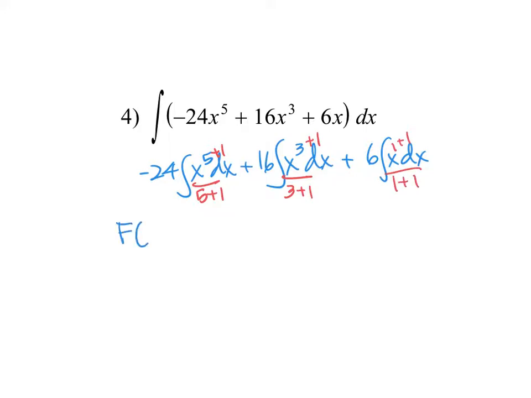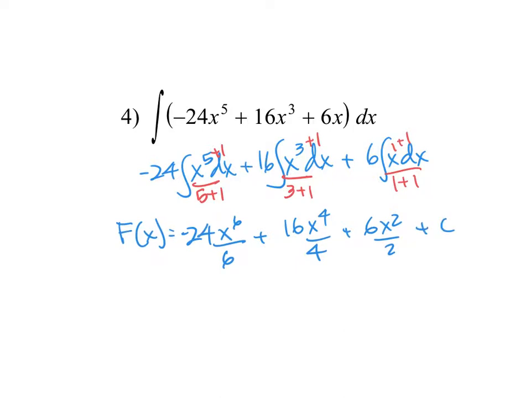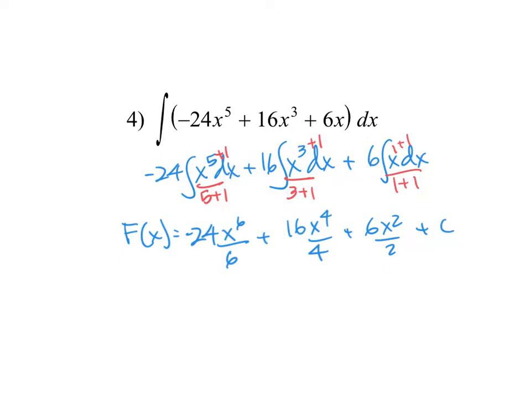So we end up getting, and we're going to have some simplifying to do here, the negative 24 x to the 6 over 6 plus 16 x to the 4 over 4 plus 6 x squared over 2, and we have our plus c. So if you notice, these all simplify.